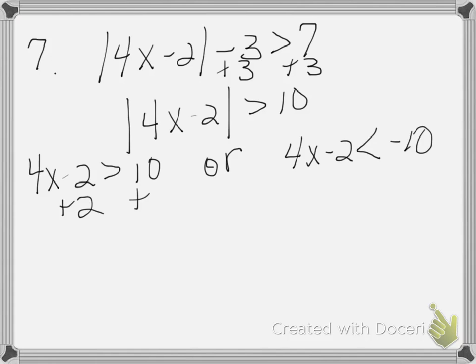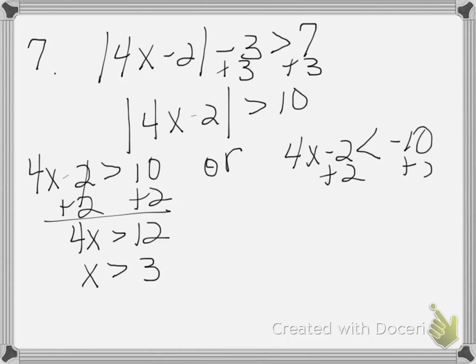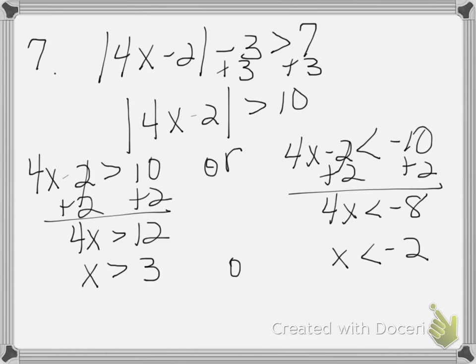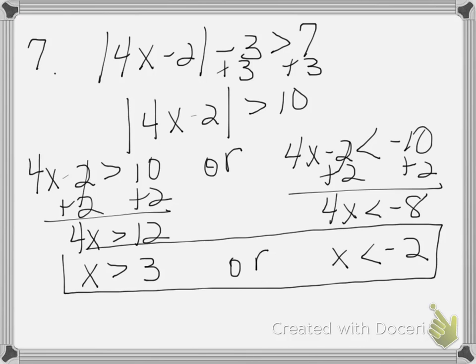Add 2 to both sides. 4x is greater than 12. Divide by 4, so x is greater than 3. Over on the right, we're going to add 2, and we get 4x is less than negative 8. Divide by 4, and x is less than negative 2. That is your final answer.